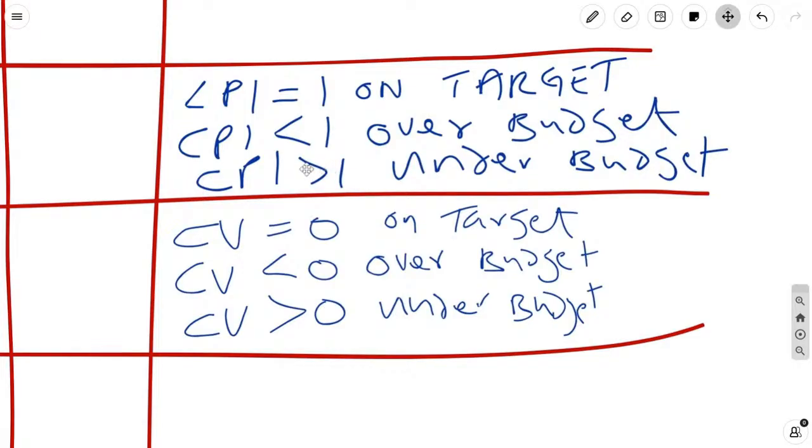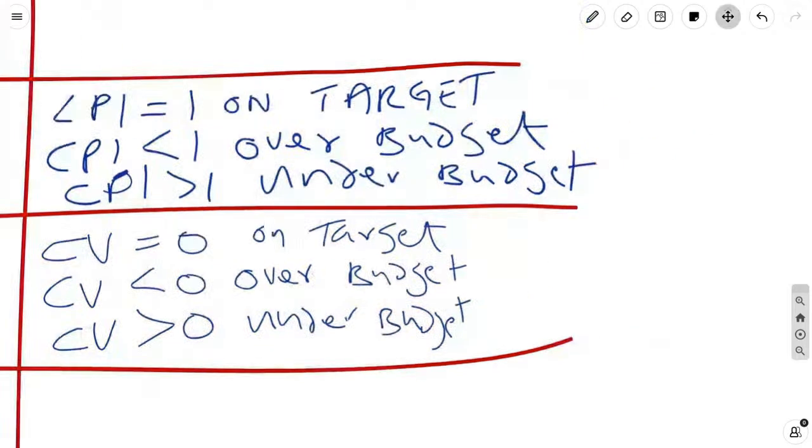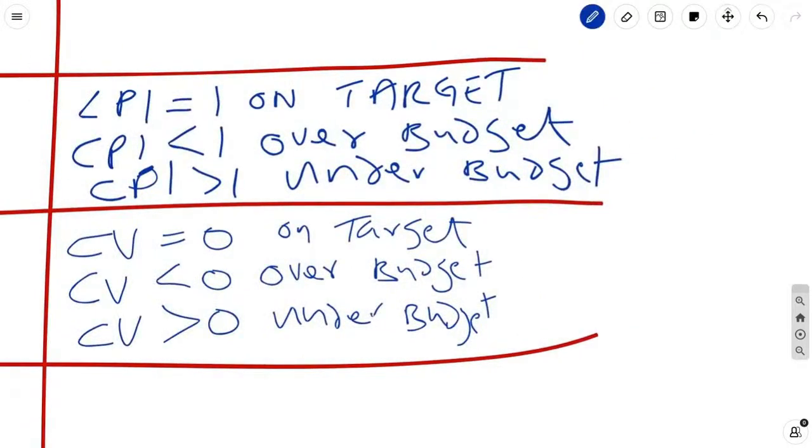Now, if it is so much greater than 1, that could actually be a concern. So you've got to watch it. For example, let's say your CPI is a 4.5. That means you're spending $1 and you're getting $4.50 out of a dollar. Are you a magician? Are you a Houdini? How are you doing that?